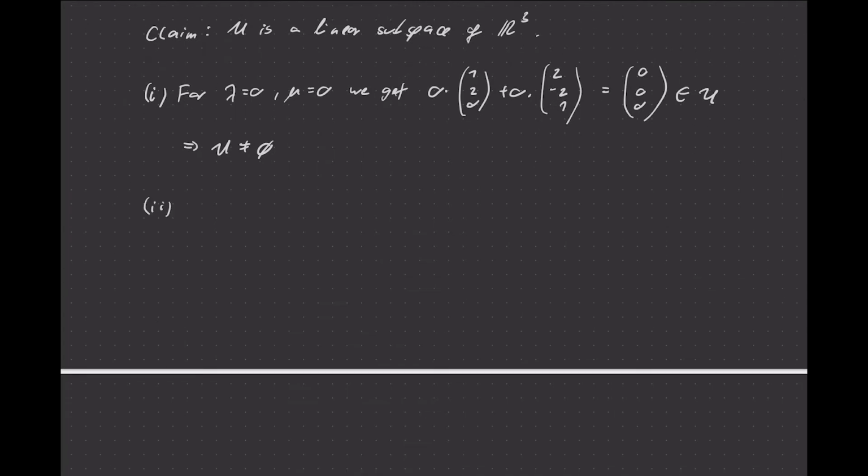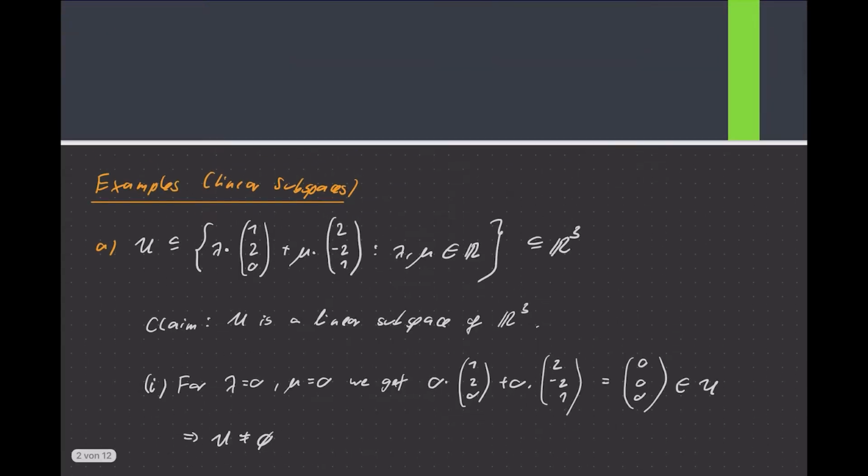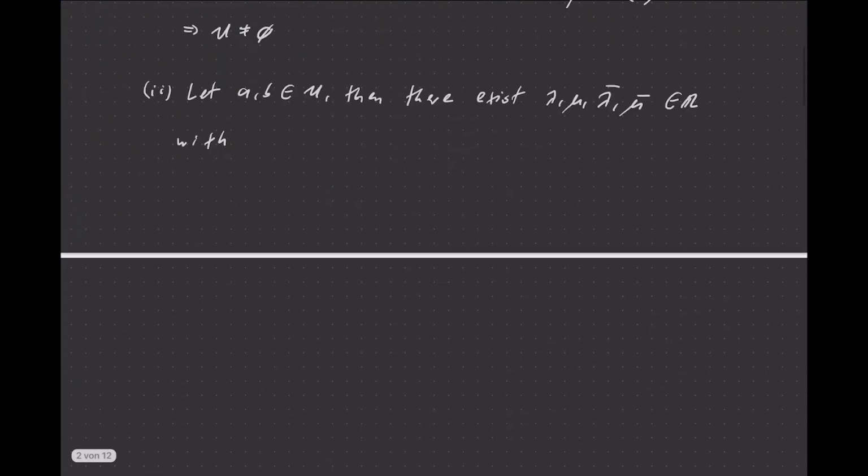Let's move on to the second one. For that, we'll need to consider two elements in the set U and then prove that their sum is again contained in U. So let a and b be in U. Then there exist parameters, let's call them lambda, mu and lambda bar, mu bar in R, such that both are contained in U. That means they both have this form, so that we can write a and b as this sum for certain choices of lambda and mu.